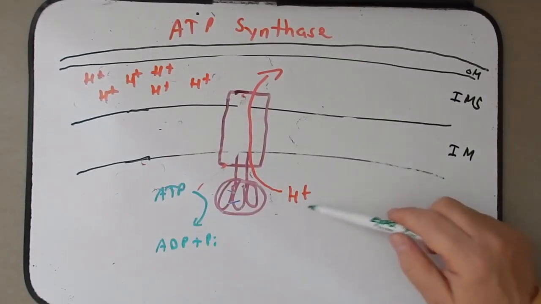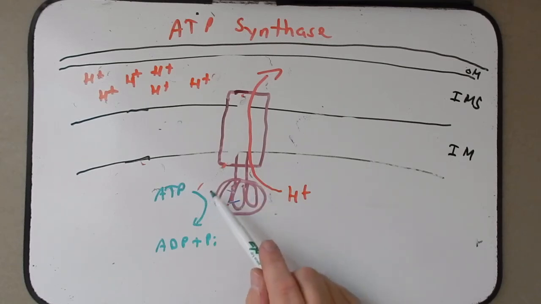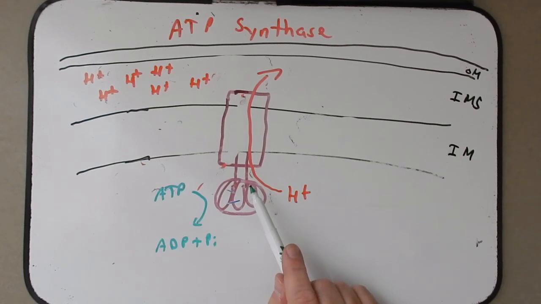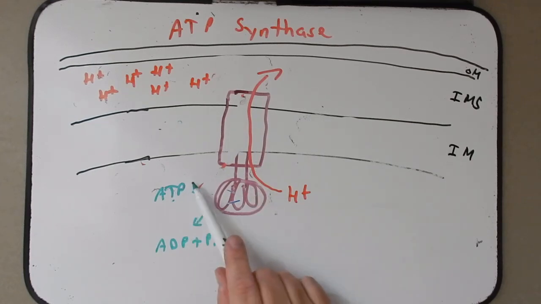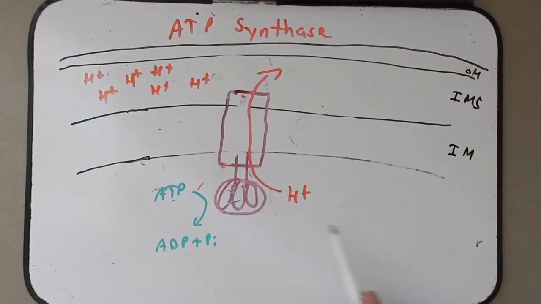So depending on which direction the protons are moving will alter the direction of this complex. They go this way, it spins one direction and hydrolyzes ATP. It spins the other direction because the protons are moving this way, it generates ATP.